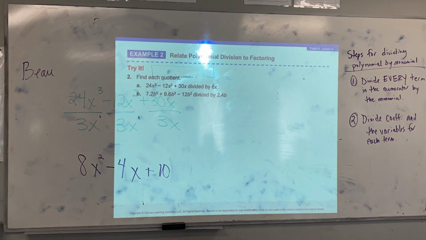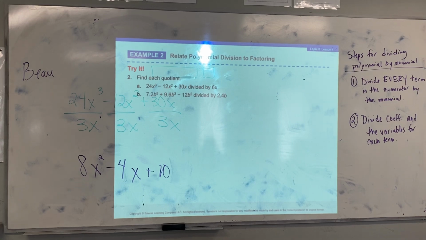You don't need that exponent one, but it's okay that it's there. Yeah, A and B.